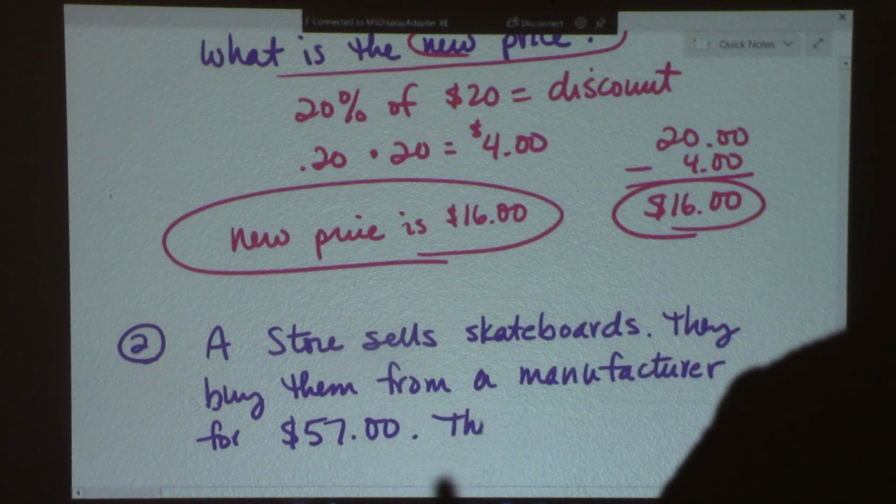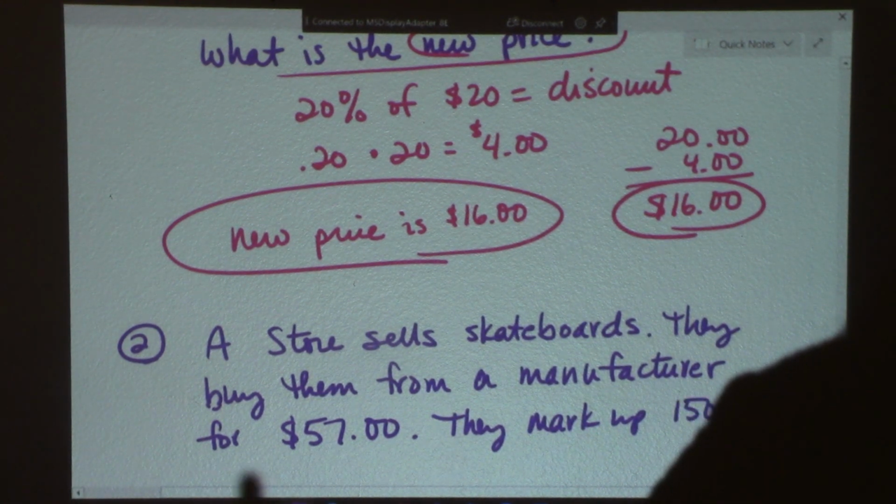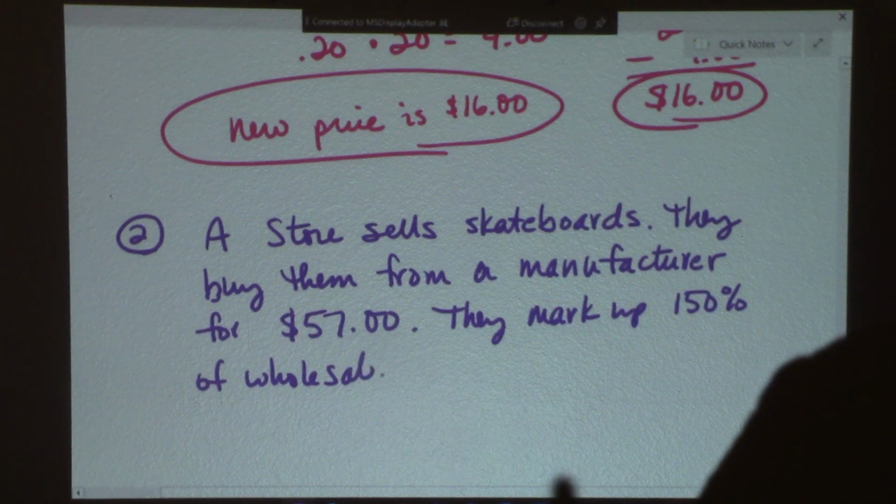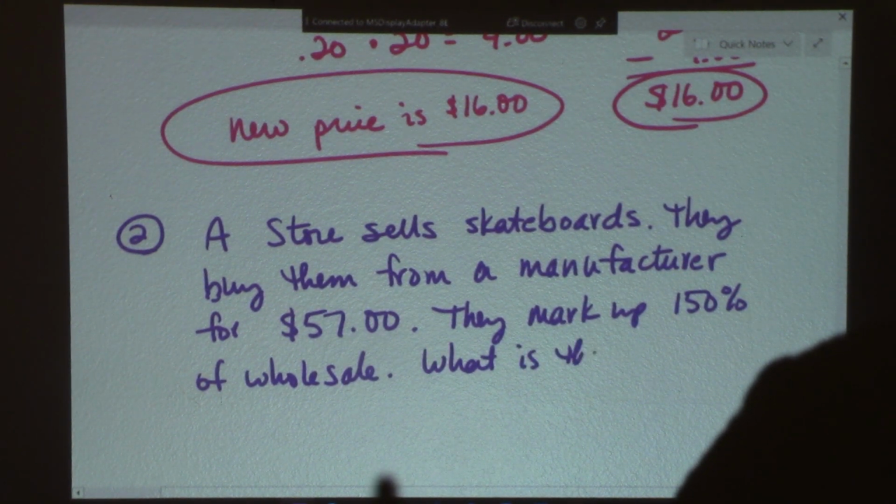They mark up 150% of wholesale. What is the new price?